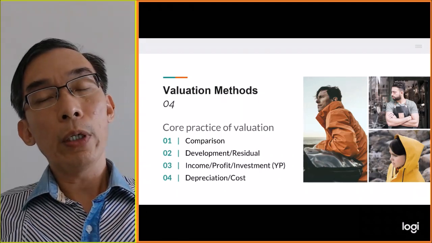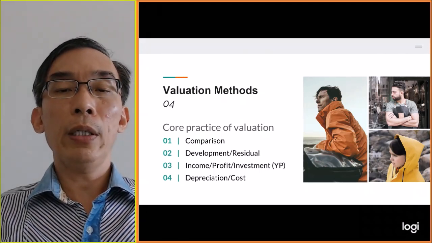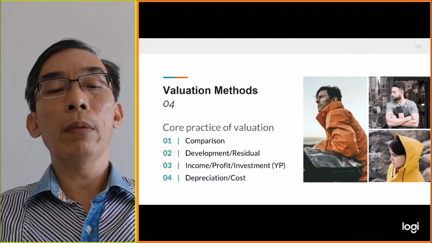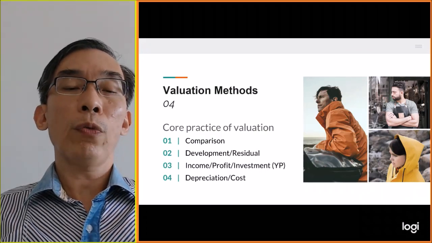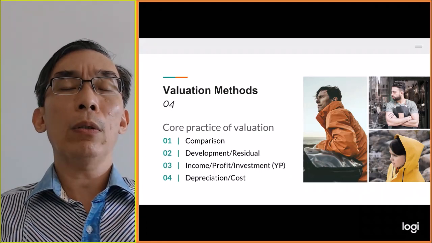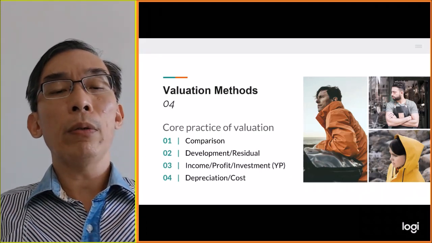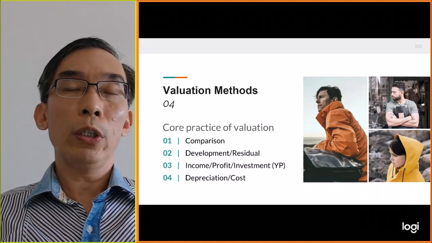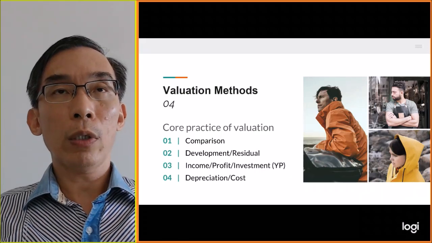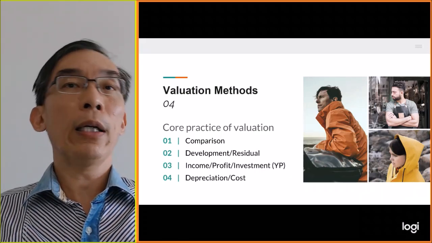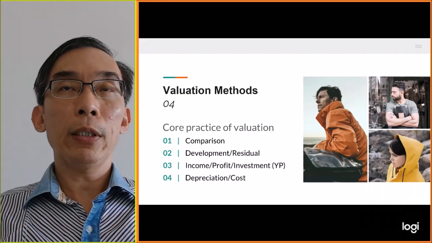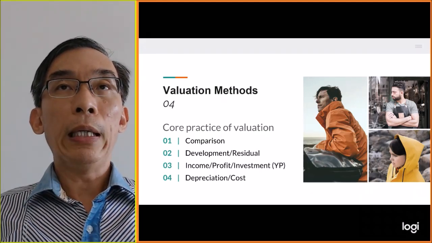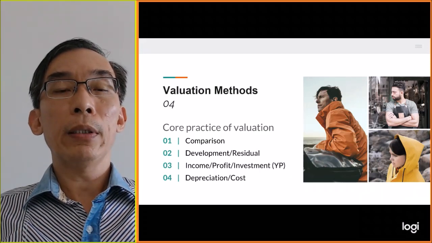There will be other methods that can be used. If there has been no transaction for the last 6 or 8 years, then they may have to think of other methods, maybe the depreciated cost method, maybe the investment or profits method, or for a developer, maybe they will use the development method. Meaning to say, how many people are employed to work on this development, what are the costs of consultant fees, the land cost, everything. Then over time, these costs are added in, and eventually the selling and everything. Then you end up with the land.